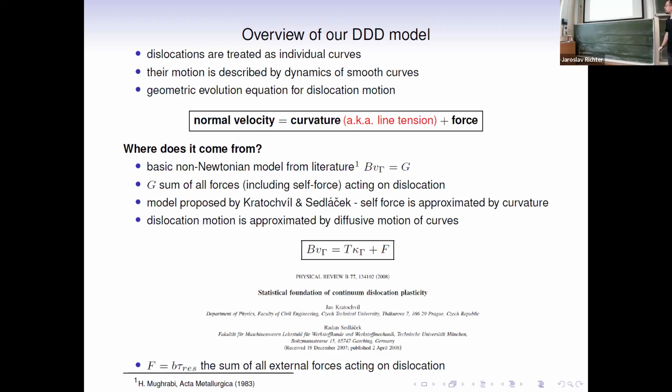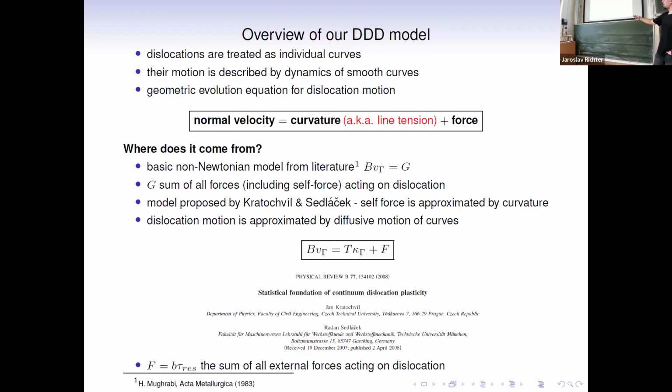So where does it come from? We originate from one of the original papers of Honza Kratochvíl from 2008, when they proposed such a model with one of his colleagues.